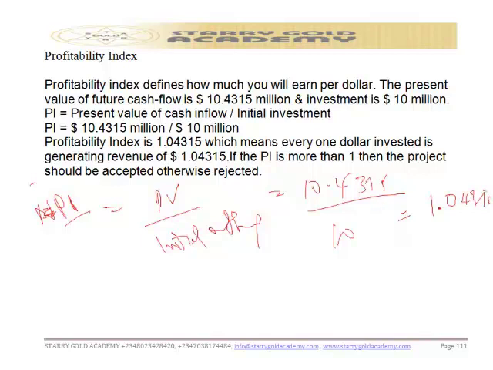And the rule is that if the PI is more than 1, the project should be accepted.